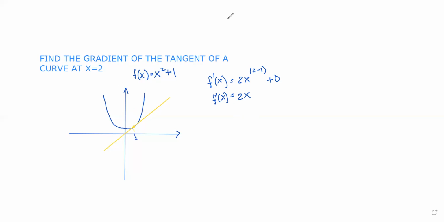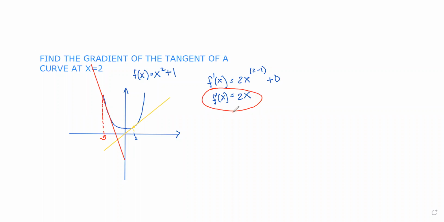This means if I had here, let's say, x equals -5, then the tangent would look like this, right?